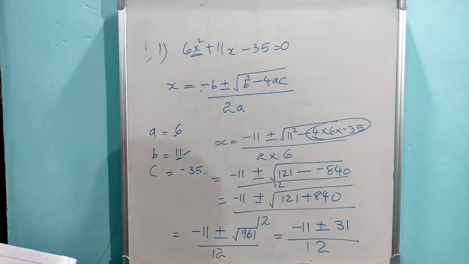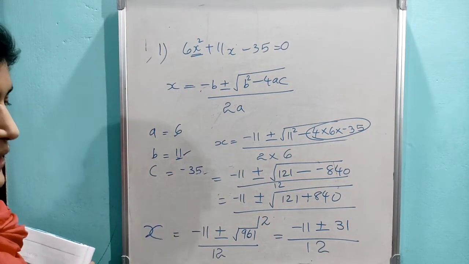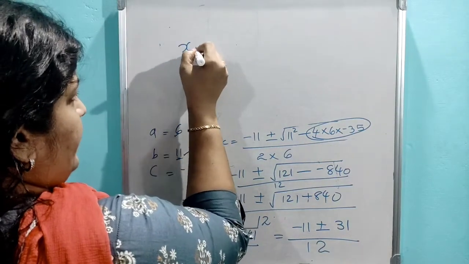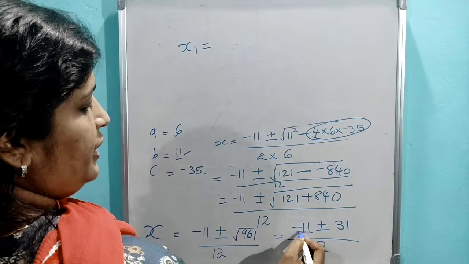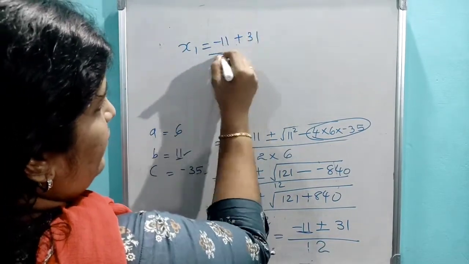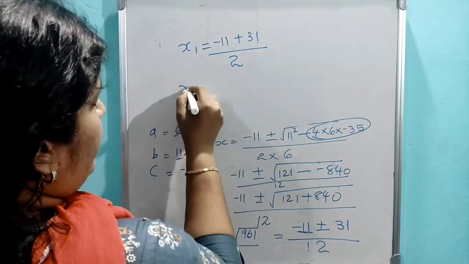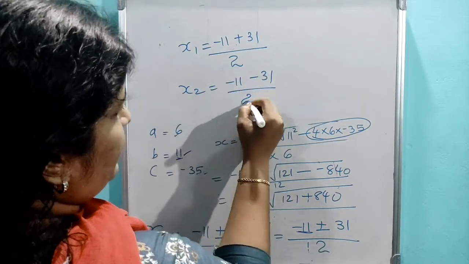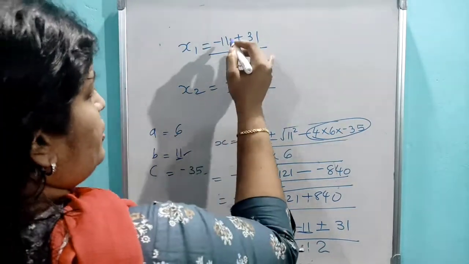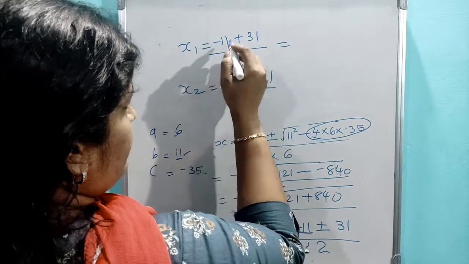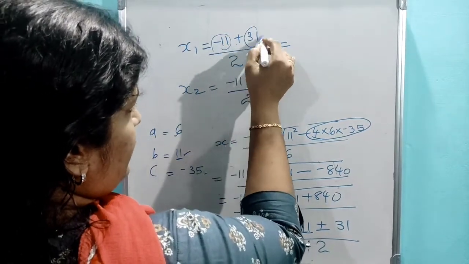Okay, so we have two values of x. Now let us write x1 and x2. x1 is equal to minus 11 plus 31 divided by 12, and x2 is equal to minus 11 minus 31 divided by 12. For minus 11 plus 31, one is negative and the other is positive.